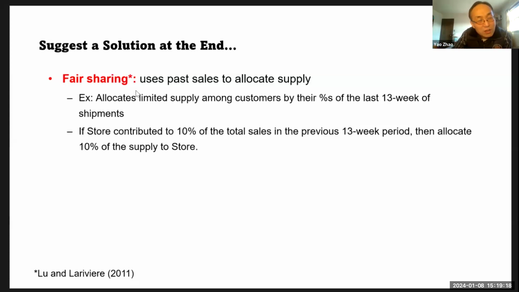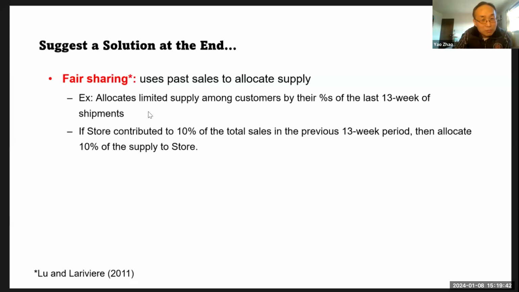Anyway, in this fair sharing rule, we're going to use past sales to allocate supply. So we're not going to listen to your orders. Forget about your order. We only look at how much was sold to you in the past, and we use that number to determine how much you're going to get when the supply is limited.